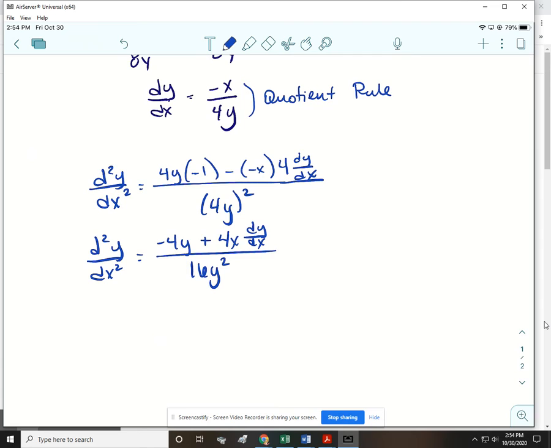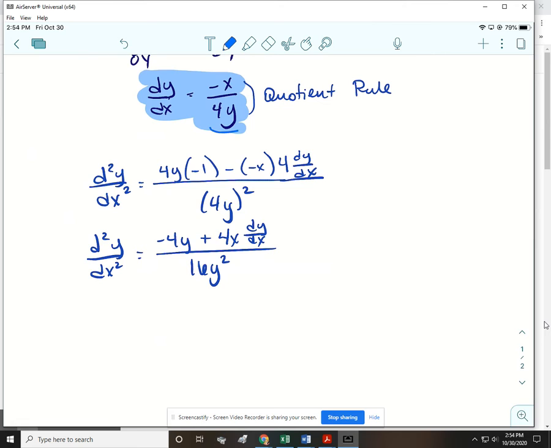Now we're not quite finished. What we're going to do now is take what dy over dx is, which is this, and replace it. This is like substitution. So we'll take negative x over 4y and plug it in for dy over dx.